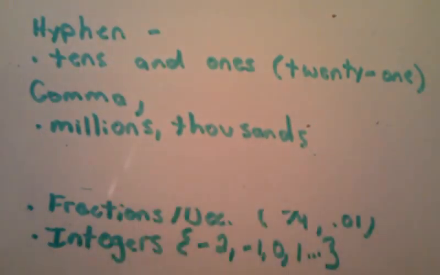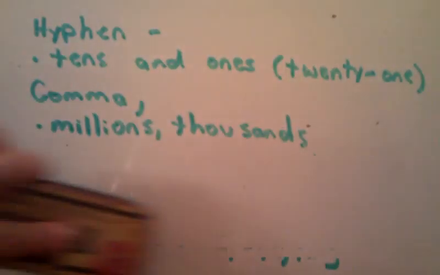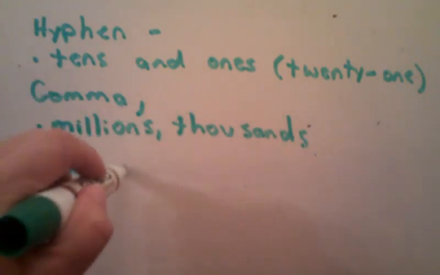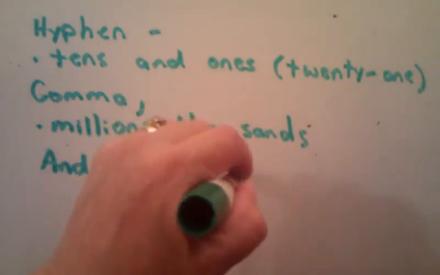After millions and after thousands. Okay. There's a few other things, just basic reminders that we've already talked about. The word and means decimal point.